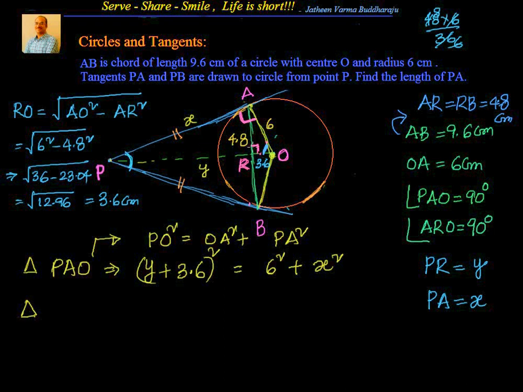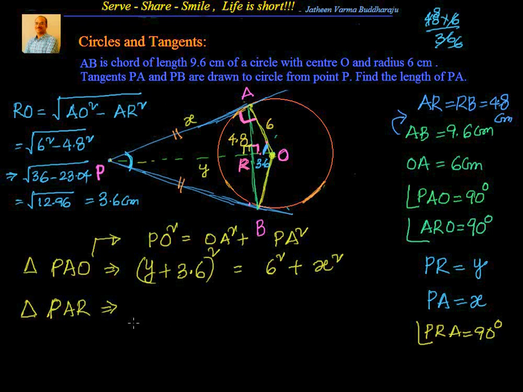So let's go to another triangle where we have x and y, that is triangle PAR. When I go to triangle PAR, angle PRA is equal to 90 degrees. So what's the hypotenuse now?